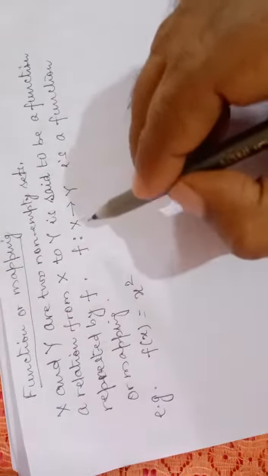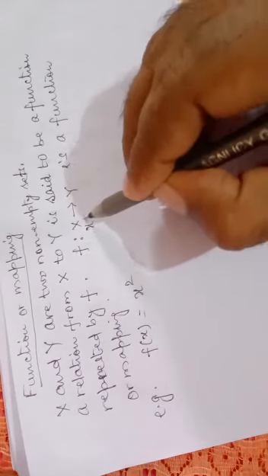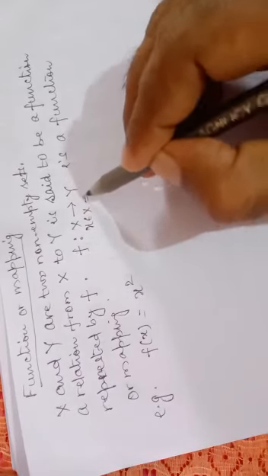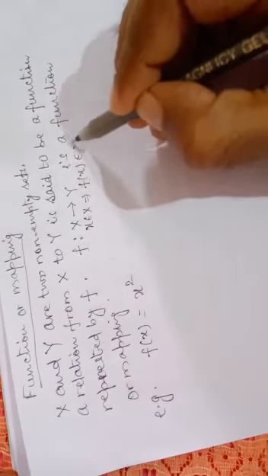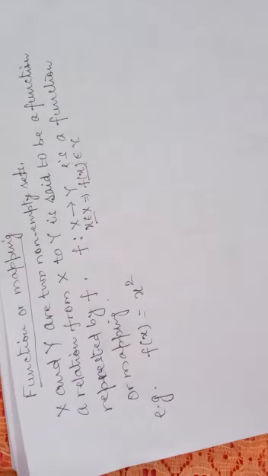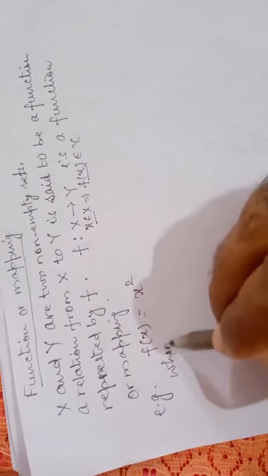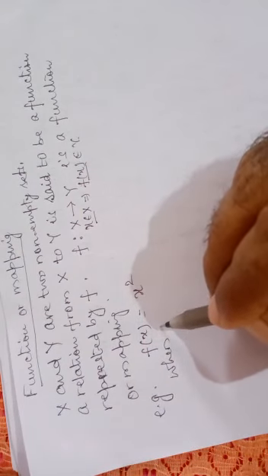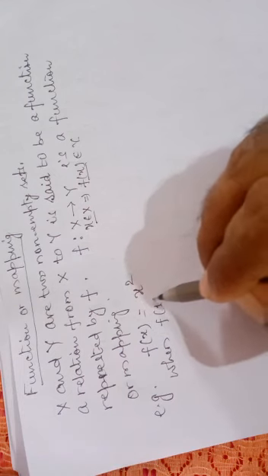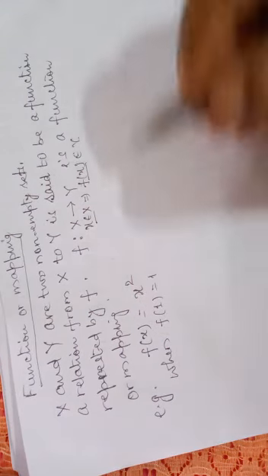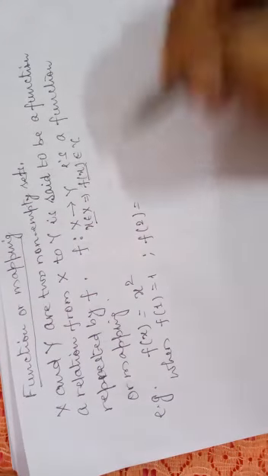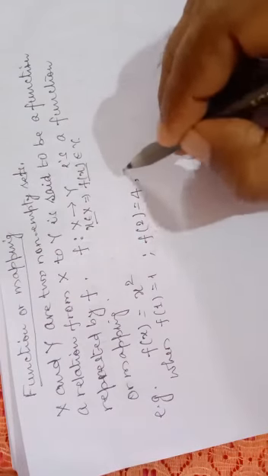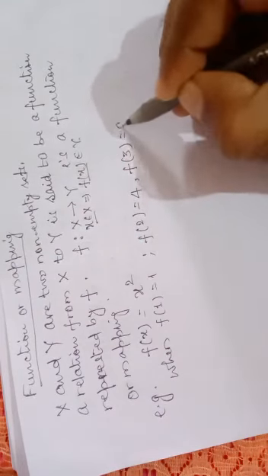Here, if x belongs to X, then f(x) belongs to Y, that is the value of f(x) belongs to Y. So when x is equal to 1, then f(1) is 1 square, which is 1. Similarly, f(2) will be 2 square, which is 4. f(3) is 3 square, which is 9.